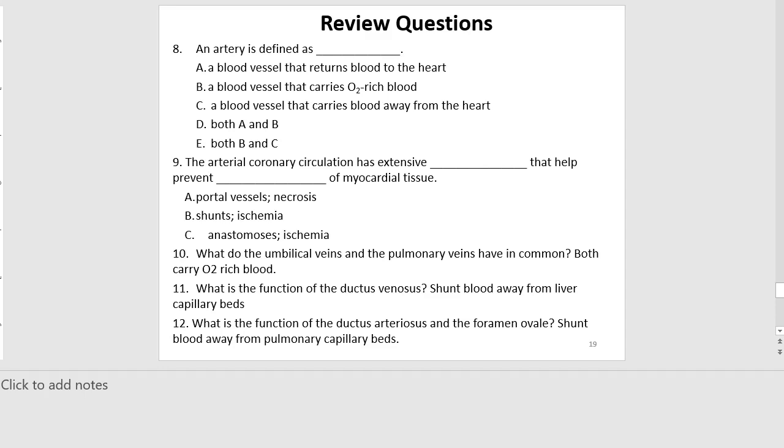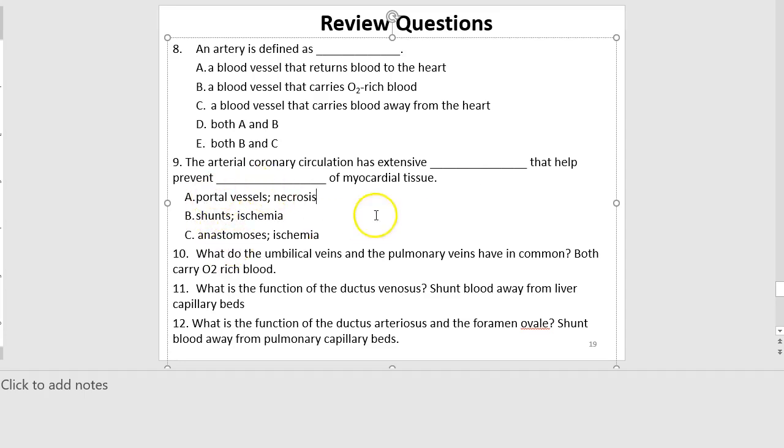Number 9 says the arterial coronary circulation has extensive something that helps prevent something of myocardial tissue. So I'm asking you, what does the arterial coronary circulation have that's specialized? A, portal vessels, B, shunts, or C, anastomoses? And let's look at the second part.